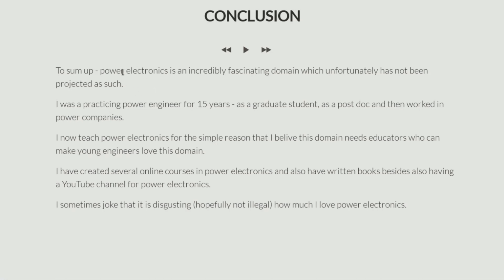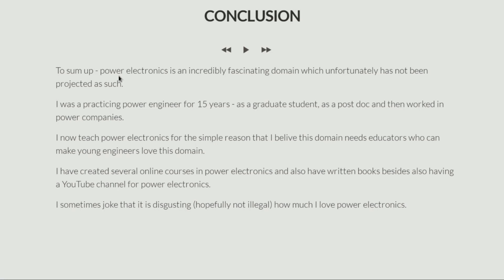Most people see power electronics as a mundane domain with just testing and fabrication and implementation and almost no analysis, no theory, and this is the reason why a lot of undergraduates think of power electronics as the last option. This is extremely unfortunate, because all the fascinating aspects of power electronics have been hidden away from young engineers who don't see it that way.